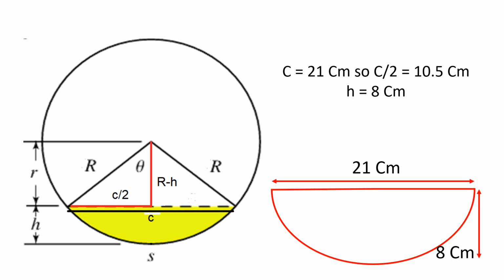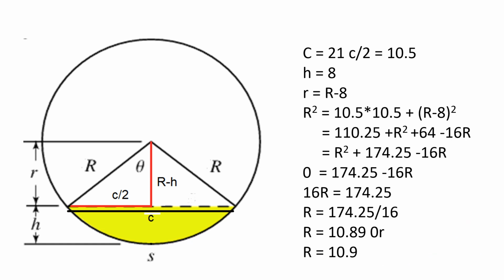To calculate mathematically using the formulas we derived, the neck width represented by C in our formula has a value of 21. C divided by 2 is equal to 10.5. The neck drop represented by h in our formula is equal to 8. If h equals 8, r is equal to radius R minus 8.